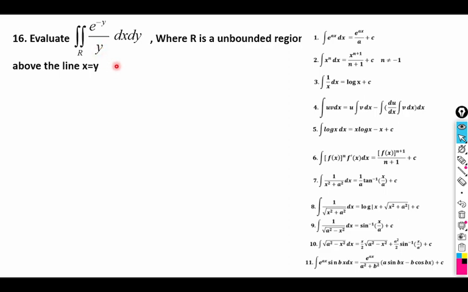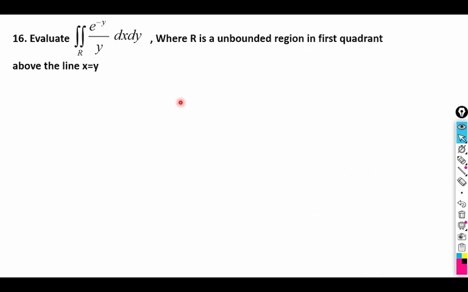So in short, none of the formulas helps here. So only one order is left, that is dx dy. First you should understand why we are taking the order dx dy. You have to think first whether you are able to integrate with y, you take the order dy dx, otherwise dx dy only.